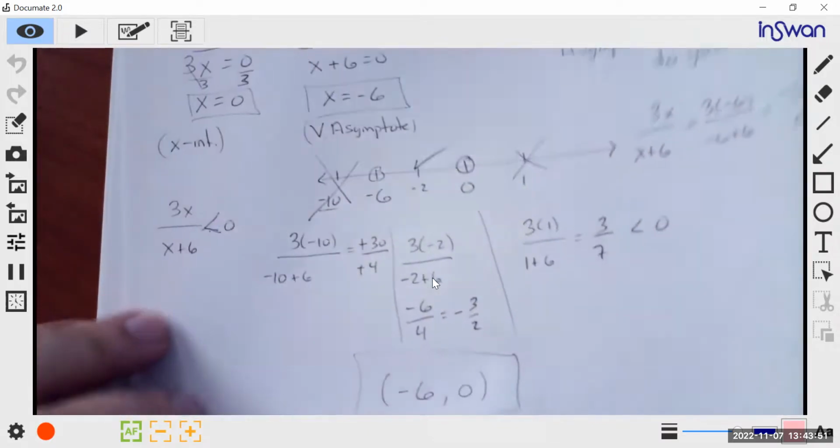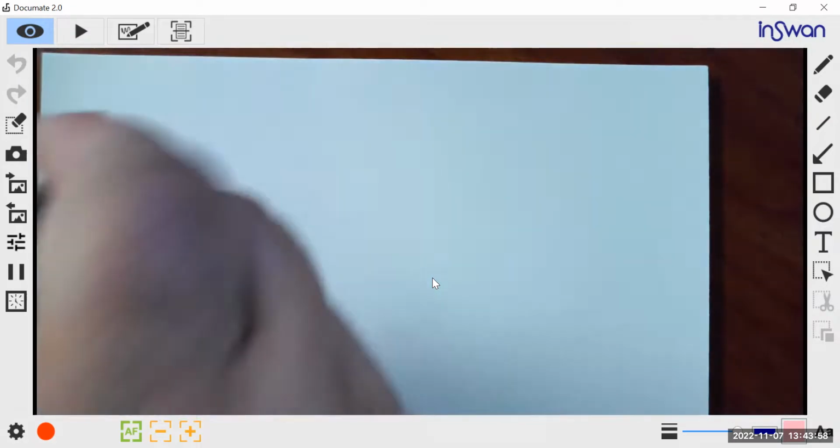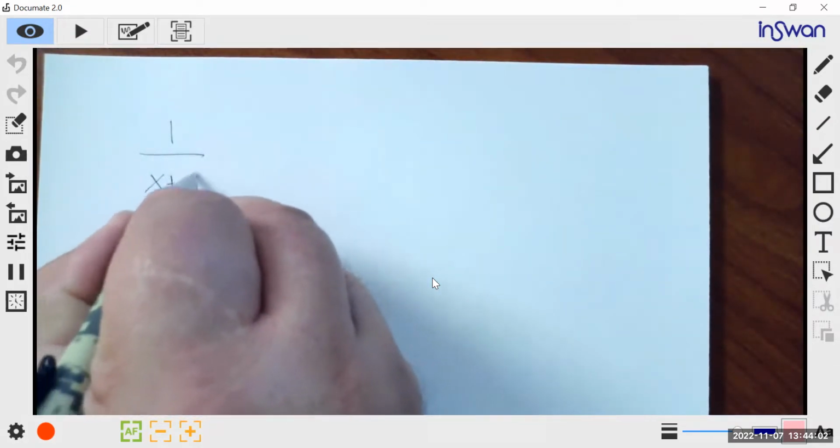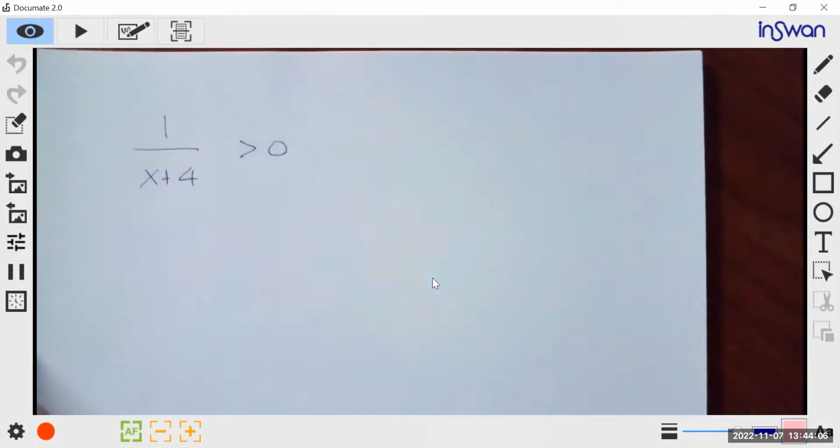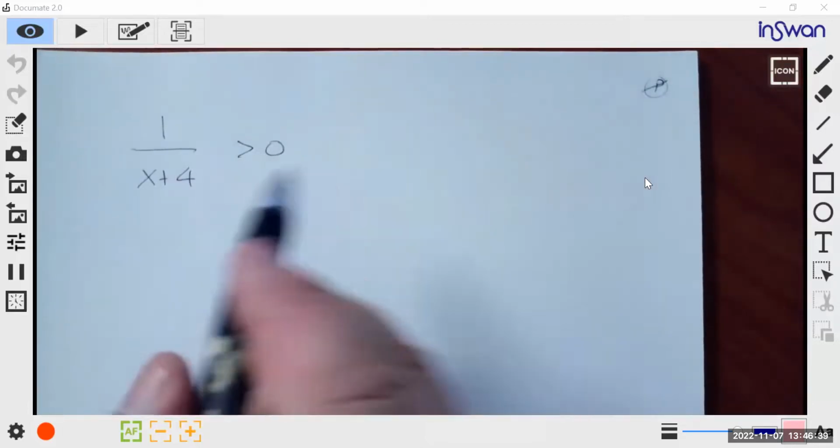Let's do some more. Is it sinking in just a little bit? 1 over x plus 4, set equal to 0.